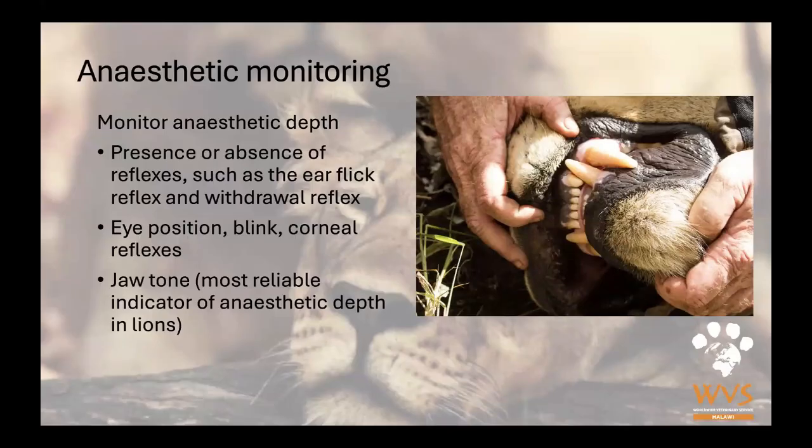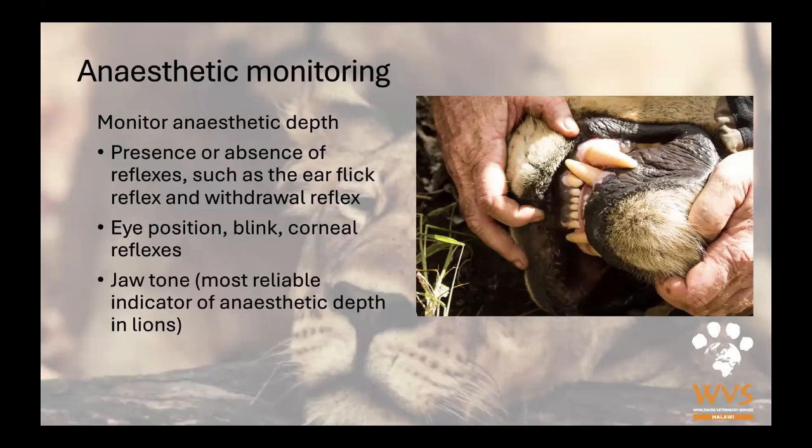When you approach the animal after 10 minutes, even though they are already sedated, it's not that relaxed yet. But if you check later on, you get a feel for how that big, heavy jaw is relaxed, and you notice once it gets tighter again. For longer anesthetics, if you do a surgery on a lion, the most reliable indicator of the anesthetic depth is probably the jaw tone.